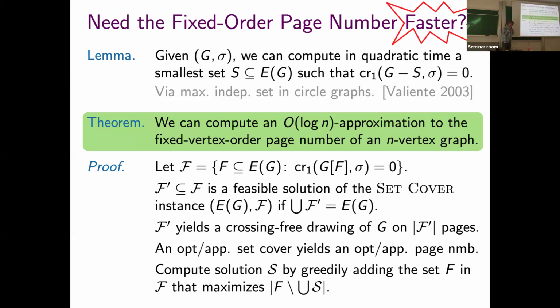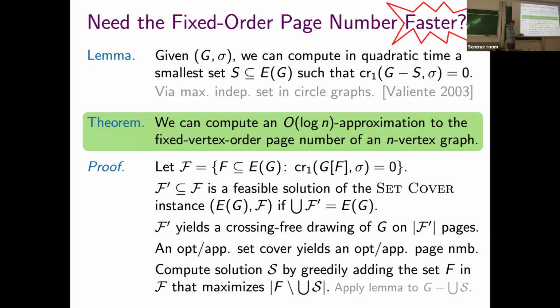And then for the second step, we just throw out from the instance everything that we have covered already. And then we have a smaller instance, and we can run the lemma again. So we keep applying the lemma to the graph minus what we have covered already. So we remove from the graph all the edges that we put on the first page, then we find a solution for the second page, remove all these edges from the graph, and keep going.